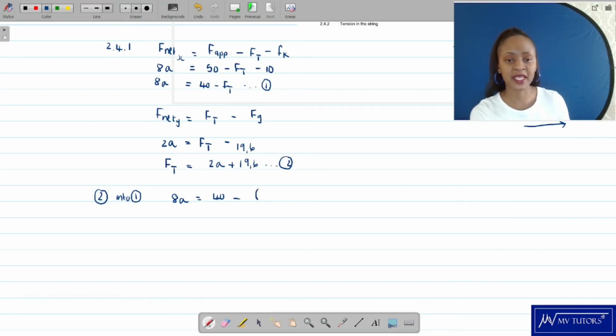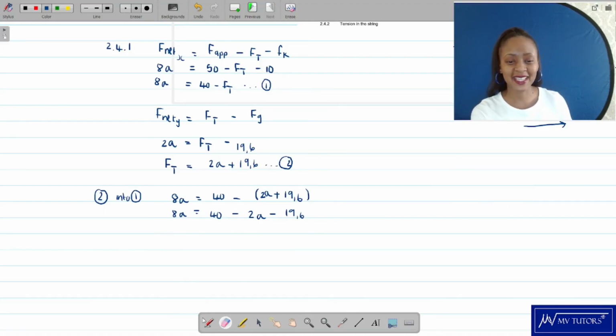And what is Ft? Ft is actually 2a plus 19.6. So I'm just going to remove the brackets. So I have 40 minus 2a minus 19.6. Taking 2a that side, oh no, it's negative 2a, it's coming that side, so that's going to be plus.